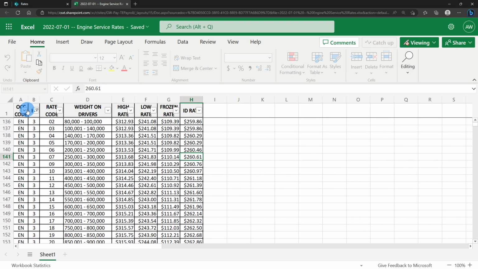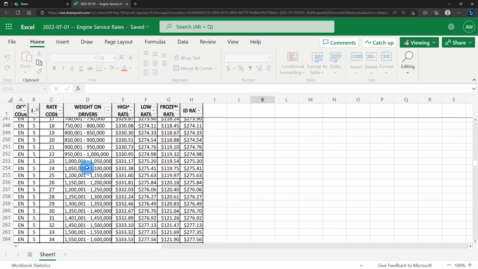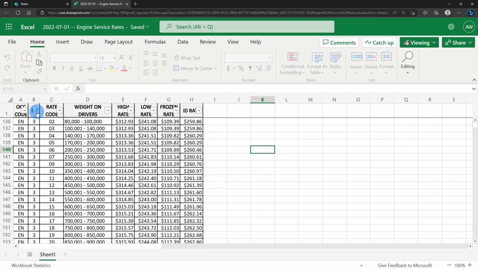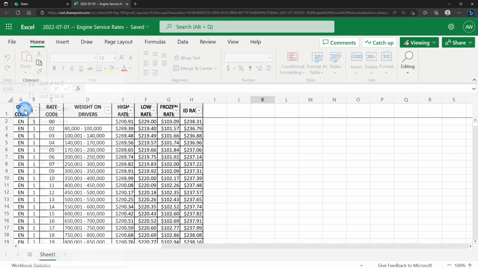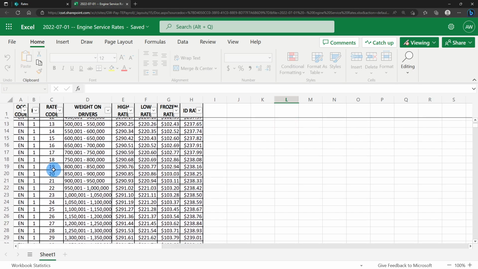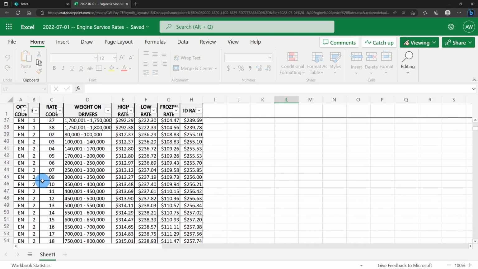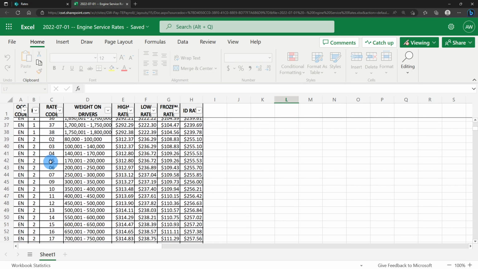Darn, the filters, are they on here? Must be. Yep. All right. So say we're going to engineer service 2.